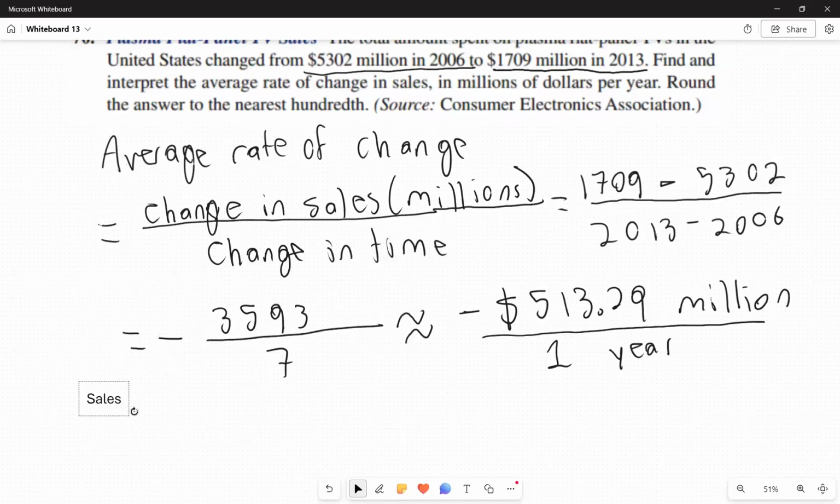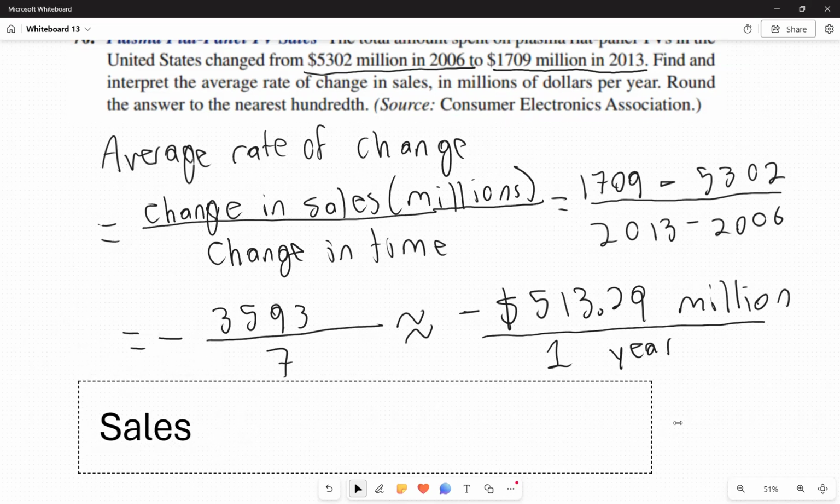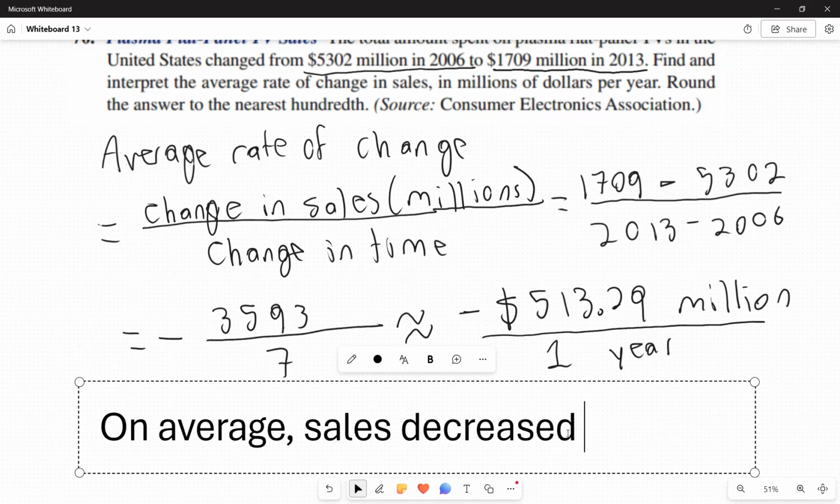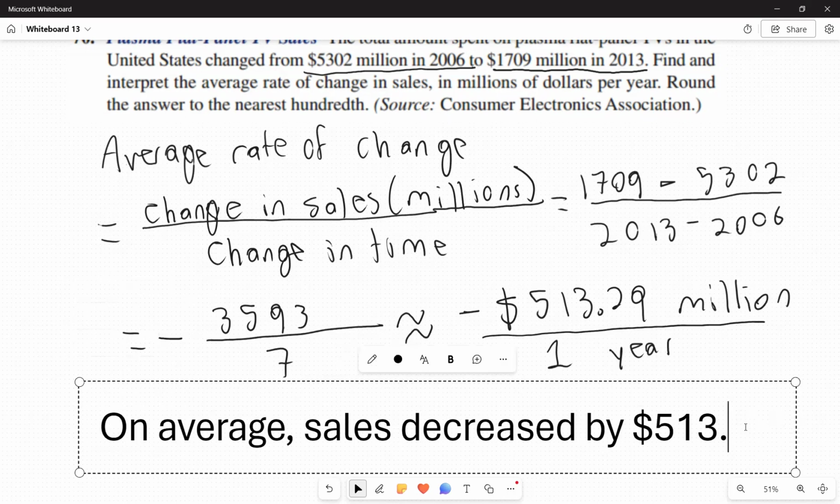Or we could say on average, because this type of data is not going to line up perfectly on a straight line, on average, sales decrease by 513.29 million per year.